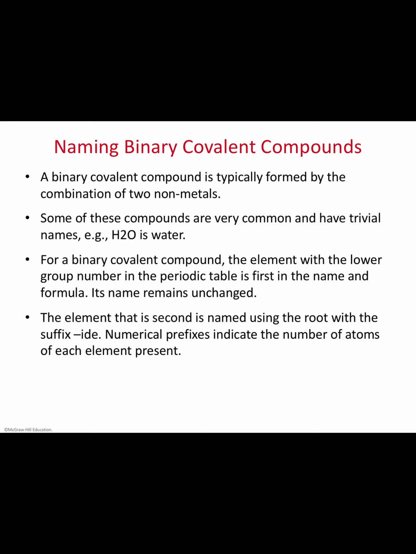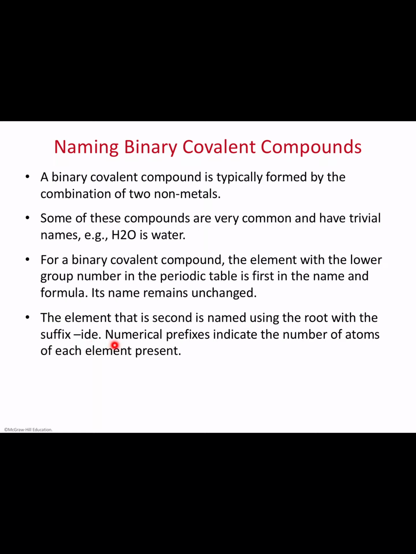Similarly, in the naming of covalent compounds also, the first element name we don't change. We're going to keep it as it is. The element that is second is named using the root with the suffix "ide." Similar to the way that we name ionic compounds, the second name ends with "ide."